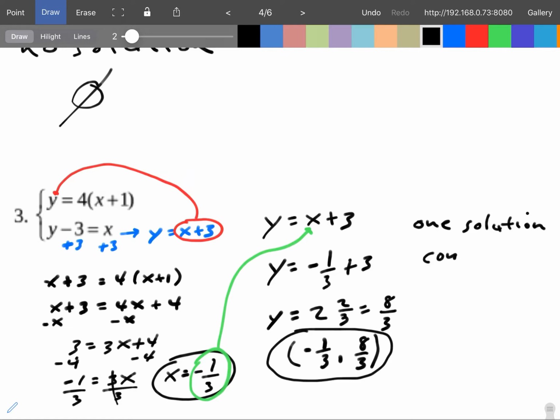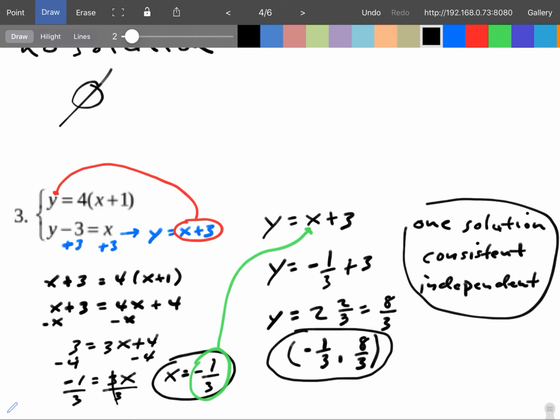And so since there's one solution, this is called consistent. And it is independent. And there you go, that's the answer to that one.